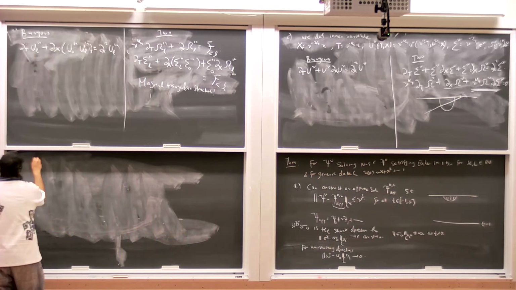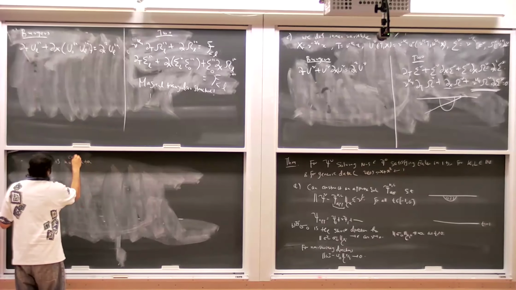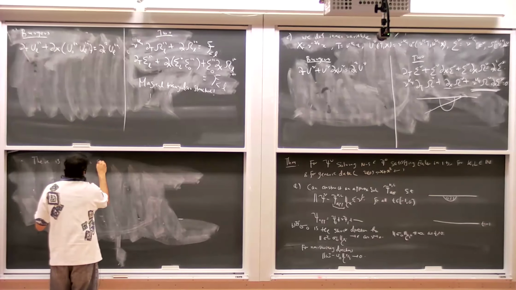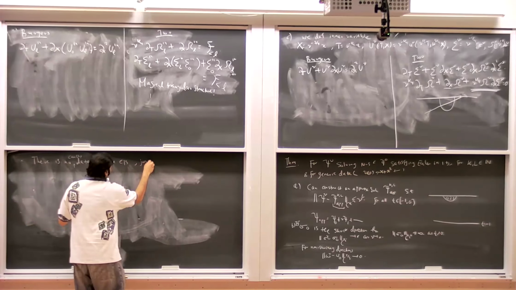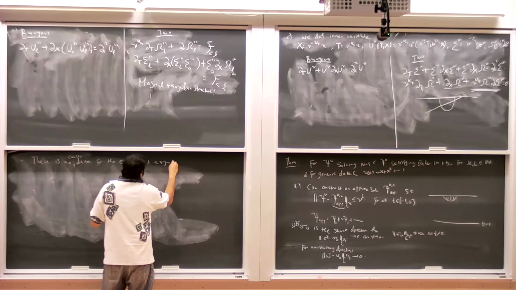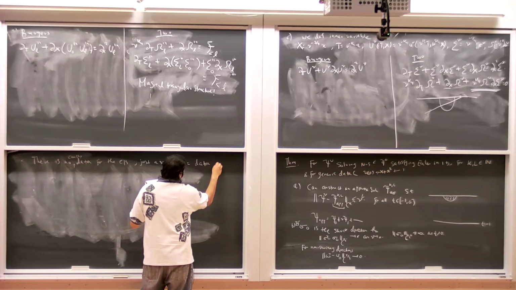Okay, so let me just write this. There is no Cauchy data for these equations, just asymptotic data at space-time infinity.